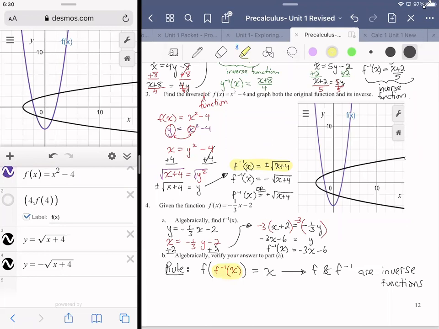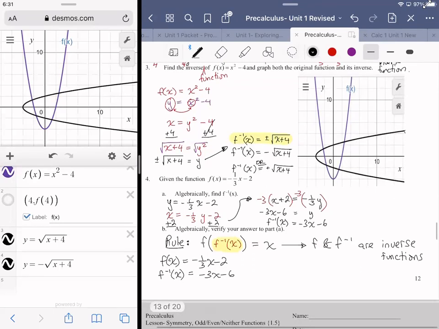All right, so let me show you how it works. So using our stuff from part A, f of x is equal to negative 1/3 x minus 2. Our assumed inverse, because we did the work, is negative 3x minus 6. All right.